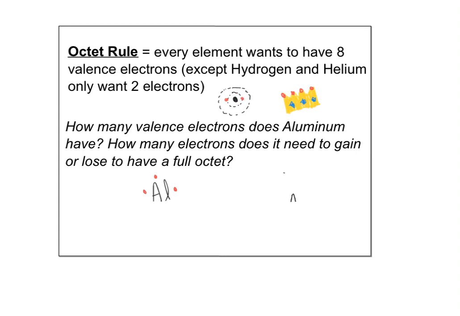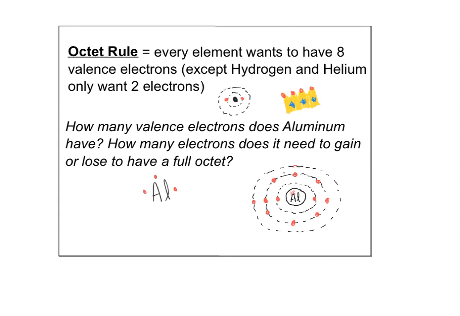I can draw aluminum. There's my nucleus. It'll have its 13 protons, but let's put some electrons on these rings. 2 on the first, 1, 2, and then there's 3, 4, 5, 6, 7, 8, 9, 10 electrons, right? 2 on the first ring, 8 on the second, but we know if aluminum has no charge, 13 protons means 13 electrons.